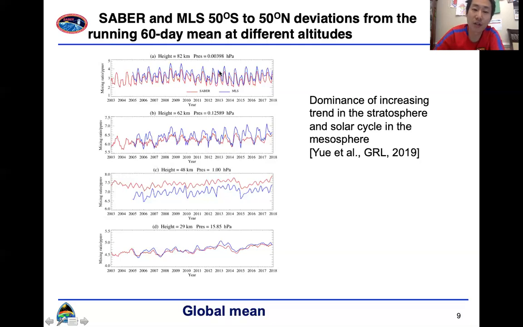In the mesopause region, around 82 kilometers, the solar cycle effect starts to take over because during solar maximum, stronger UV photodissociates water vapor into hydrogen and OH. So during solar maximum, there's less water vapor. During solar minimum, there is more water vapor.